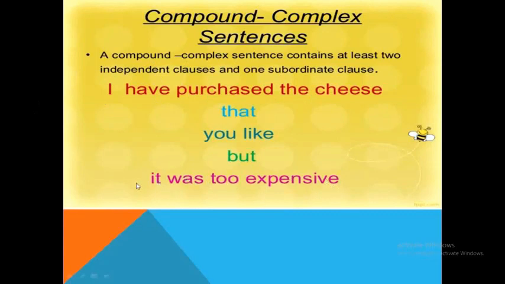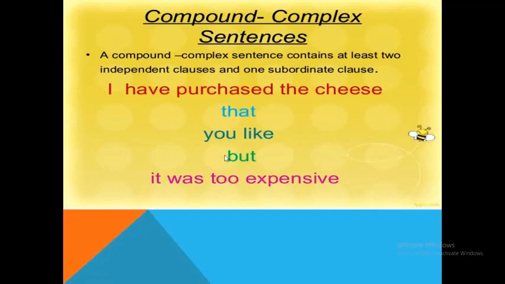It has a subject and "was" is here as the main verb, and it's giving a sense that there was something which was too expensive. And here he has talked about how he purchased the cheese. But if we look at "that you like", this clause is a subordinate clause because it's not giving any meaning on its own.